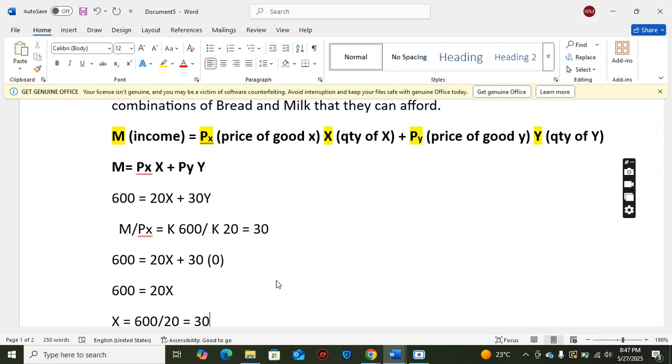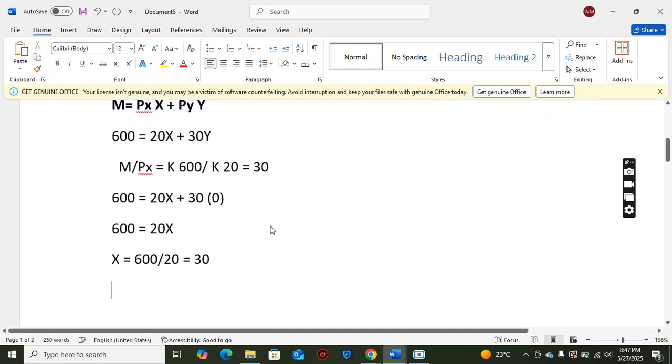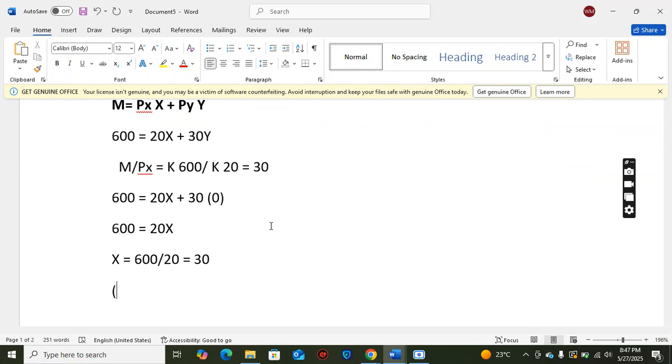So if it's bread, we can only buy 30 units of bread. Any questions first? So this is one point on the budget constraint equation where x equals 30 and y equals 0. You can think of this also as the first combination.